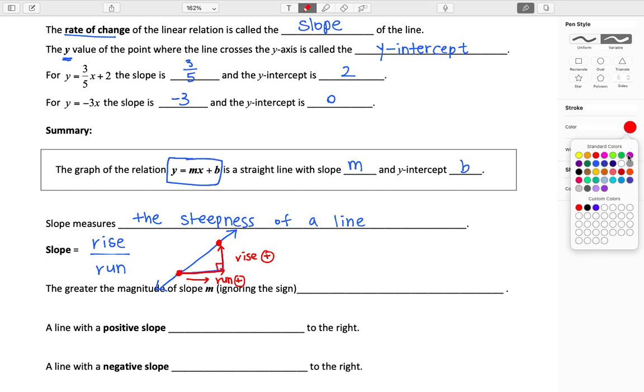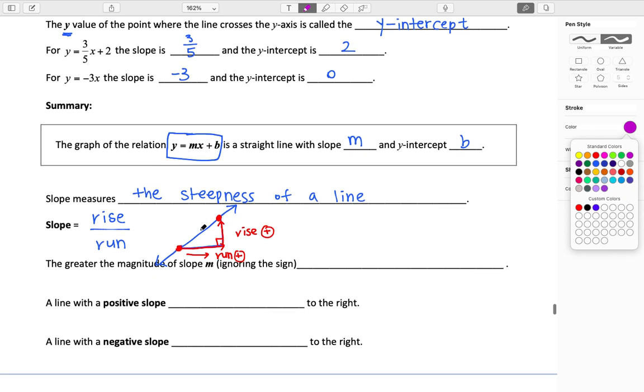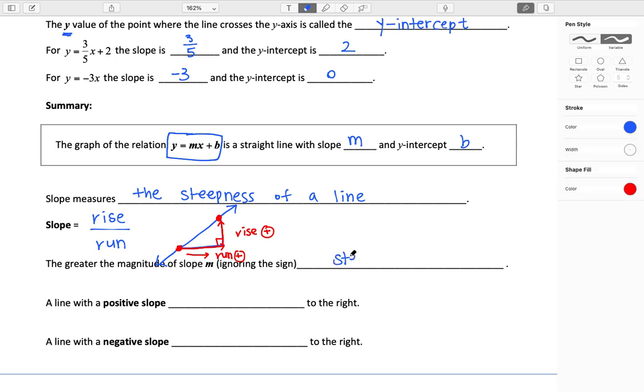There is another formula for slope by picking 2 points on the line, but for now, let's just stick with slope as rise over run by picking 2 points and making a right angle triangle. The greater the magnitude of the slope m, ignoring the sign, whether it's positive or negative, the steeper the line is going to be.